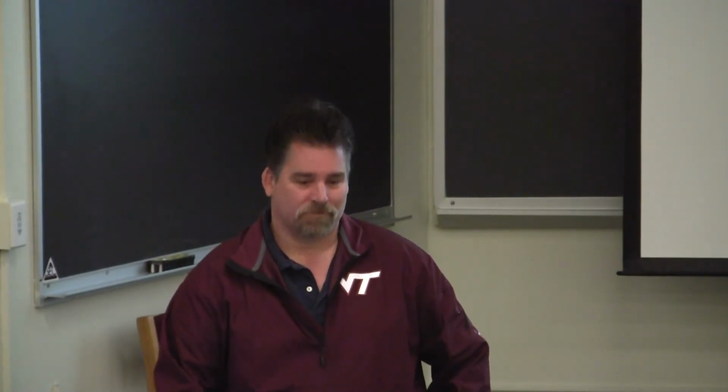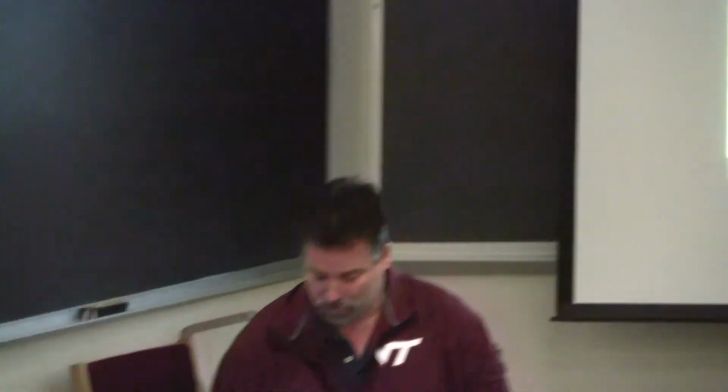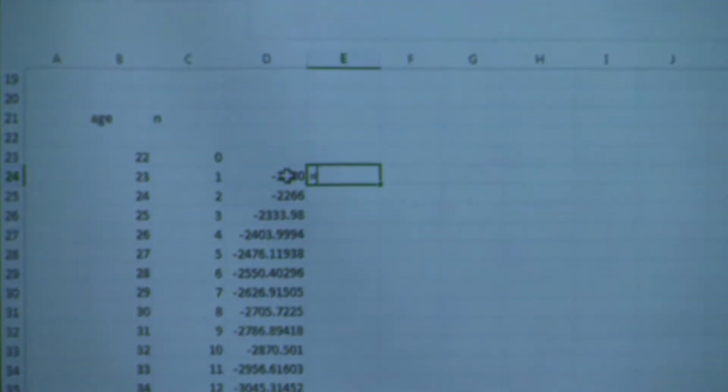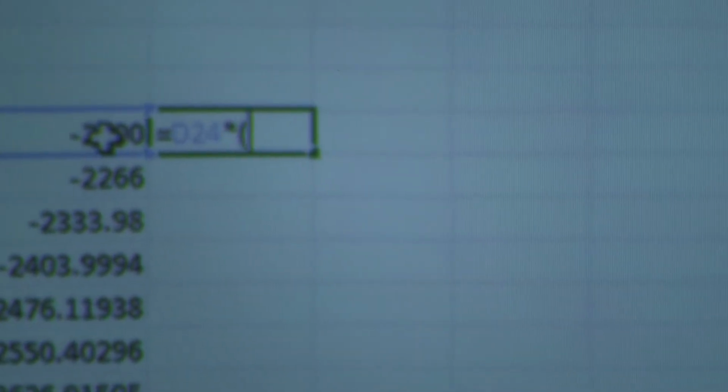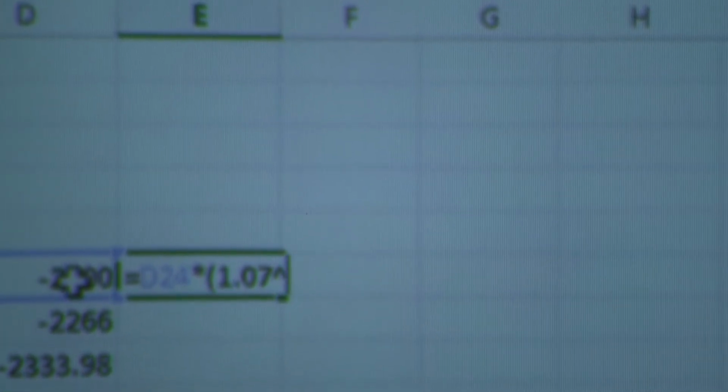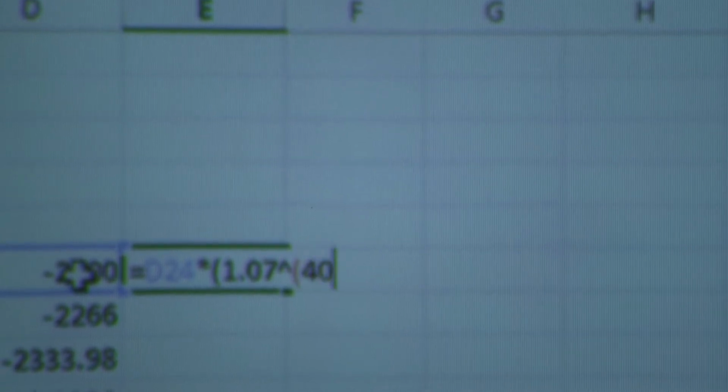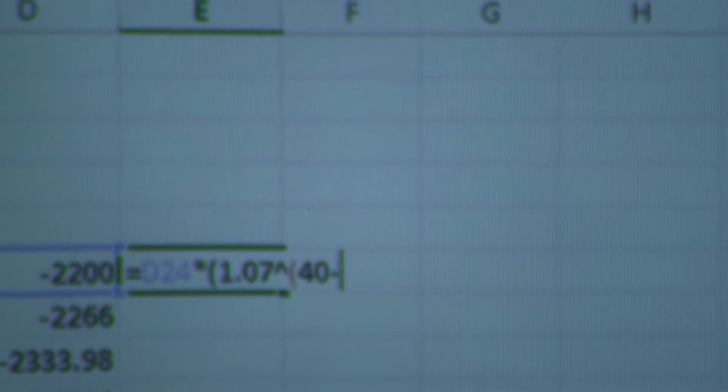Good? So I would take this payment here. I need to take that guy, and I would multiply it by 1.07. And I would raise that to, I'm going to go 40 minus that value.